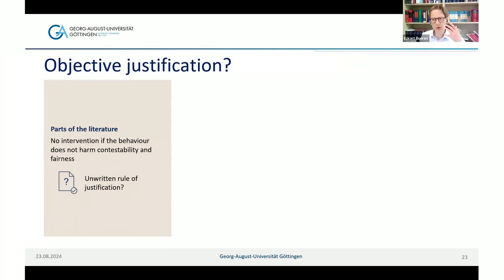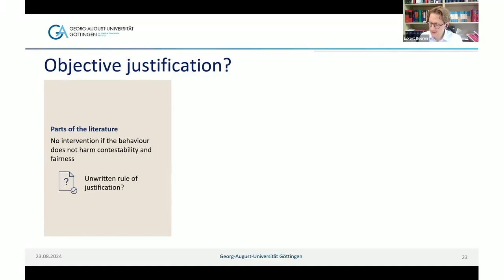And so one could think, okay, is it really possible for the DMA to prohibit behavior that's maybe just not harmful? And how could we actually repair this if the DMA would not be allowed to do this? So for the moment, I don't share this view basically, but just for the sake of the argument, we can accept it and assume for the moment that this view that's been put forward in literature is correct.